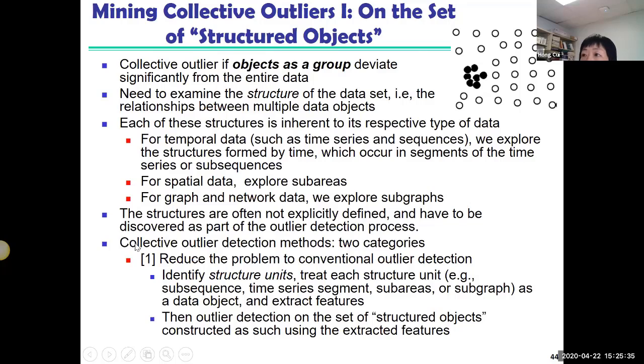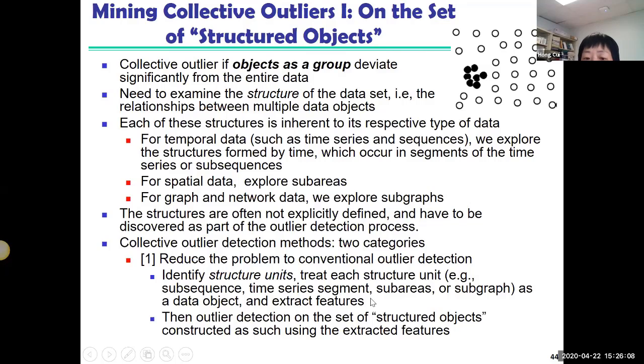a potential outlier. The collective outlier detection methods have 2 categories. One is to reduce the problem to conventional outlier detection. If we can identify structure units, then we treat every structure unit as one data object. Because this data object represents multiple units, we need to extract the features for each of the objects, and then use conventional methods, other methods that we have learned so far.